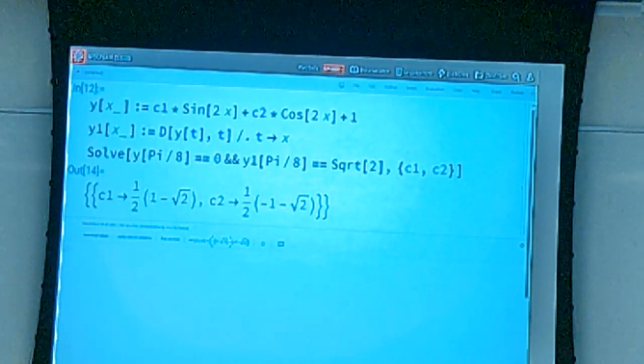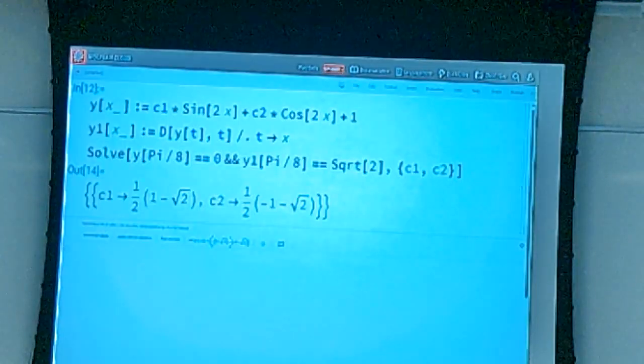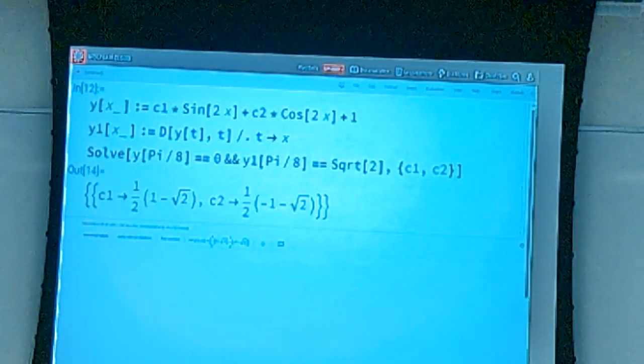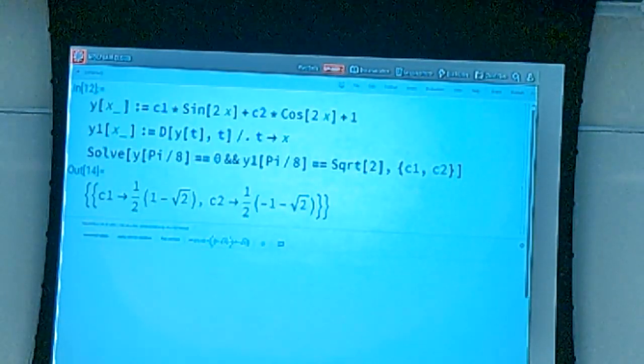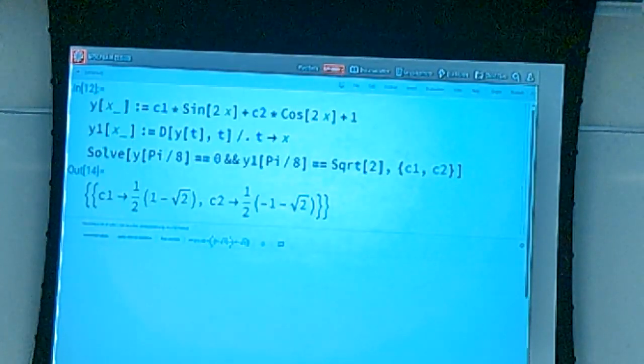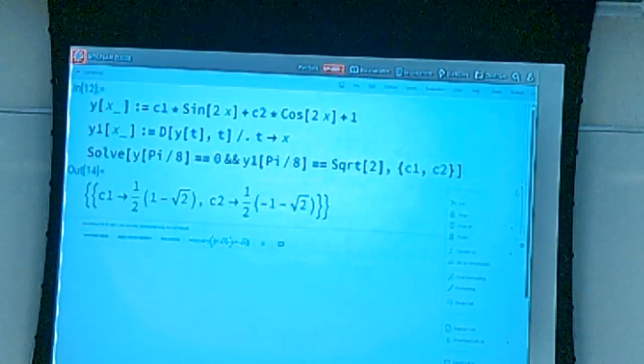So what I'll do is I'll do this. Copy. You won't let me paste it as a photo. I can do this.